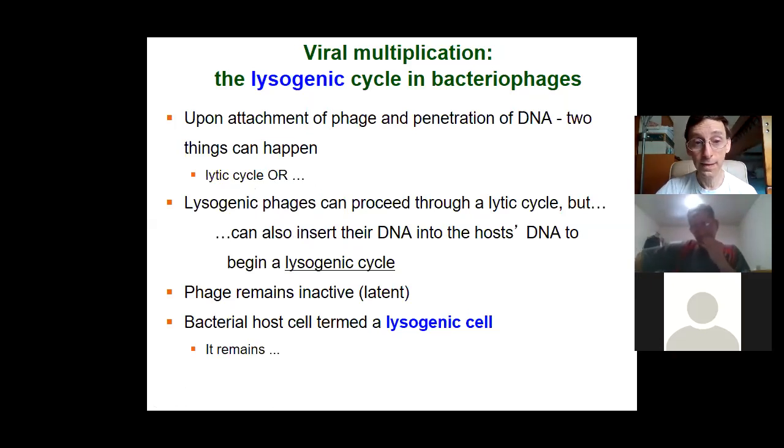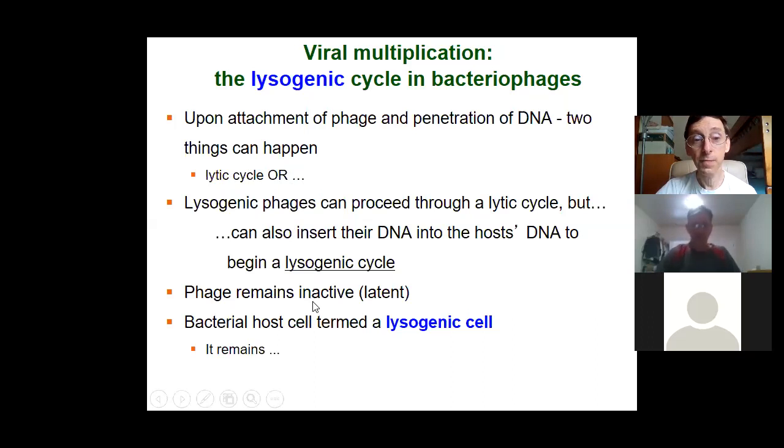And then the lysogenic viral DNA inserts itself into the DNA of the host chromosome. And that begins the lysogenic life cycle. The phage remains inactive. You could call it latent, because the lytic genes of the lytic life cycle are repressed.